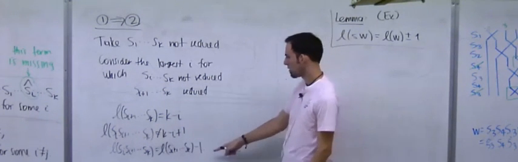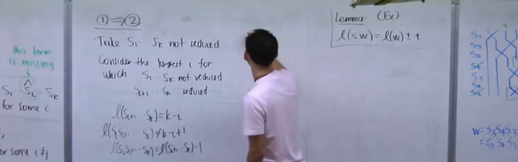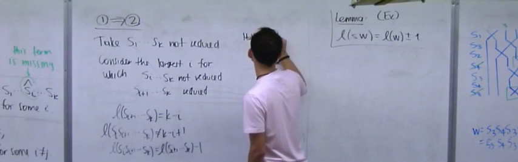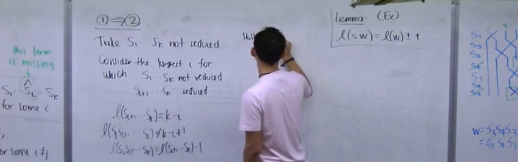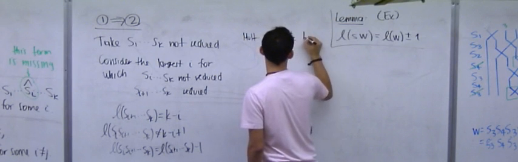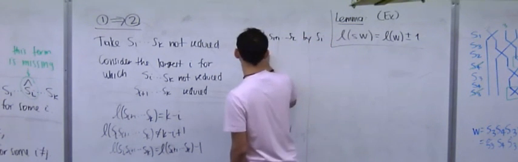And that means it's shorter. Okay? So multiplying Si plus 1 up to Sk by Si made it shorter.